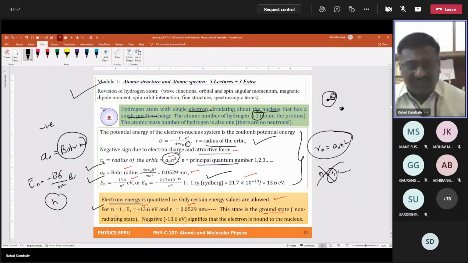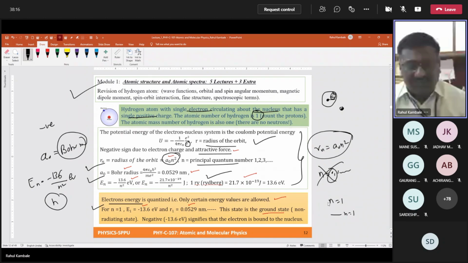So if I put n equal to 1 in this equation, I will get minus 13.6. And n equal to 1 means what? Ground state. The law of nature: a system always tries to occupy the lower energy state. So n equal to 1 is the ground state.